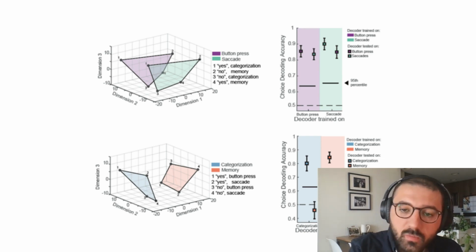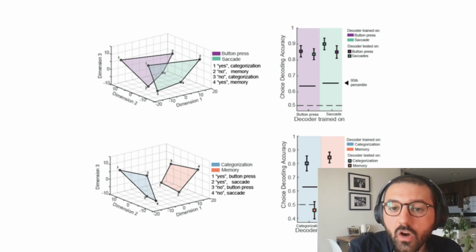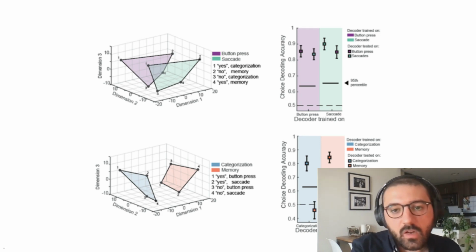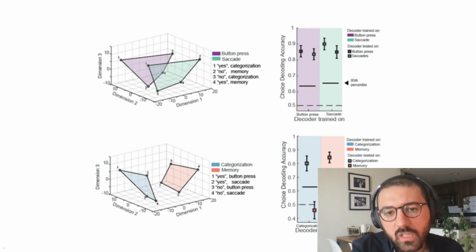In the bottom, we do something similar, but the conditions of relevance here are the task types. So we train on categorization and test on memory, or train on memory and test on categorization. And what's very clear is that while there's very strong generalization in the way that choice is represented across response types, there's a significant lack of generalization when the task changes.